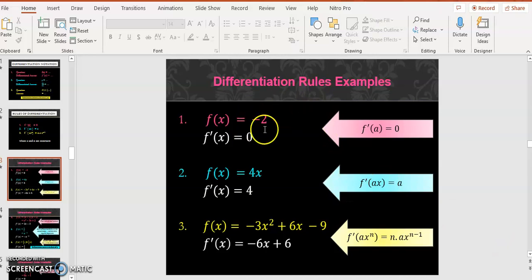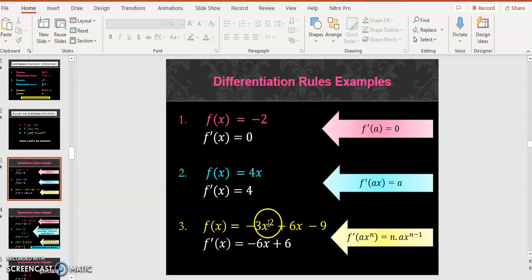So if we have f of x is equal to minus 2, it means f prime is equal to 0. This rule. If you have f of x is equal to 4x, it means f prime of x is equal to 4. That rule. If I have f of x is equal to minus 3x squared plus 6x minus 9, these two will multiply: 2 times minus 3 will give us minus 6.